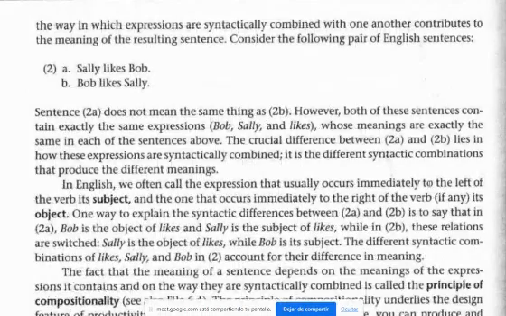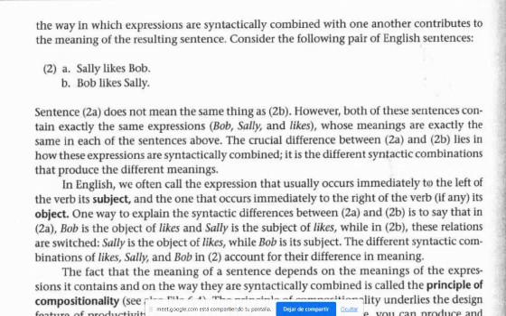Sentence 2A doesn't mean the same thing as 2B. However, both of these sentences contain exactly the same expressions: Sally, Bob, and likes, whose meanings are exactly the same in each of the sentences above. The crucial difference between 2A and 2B lies in how these expressions are syntactically combined.